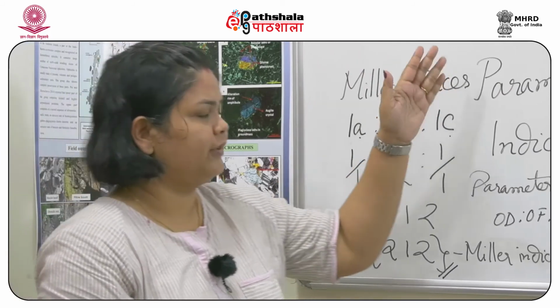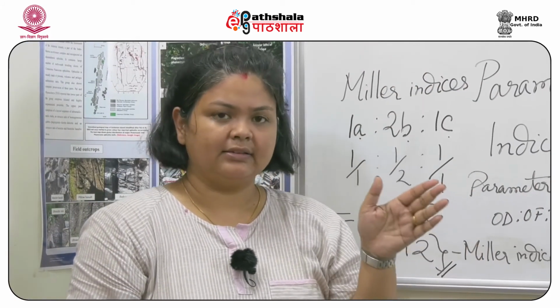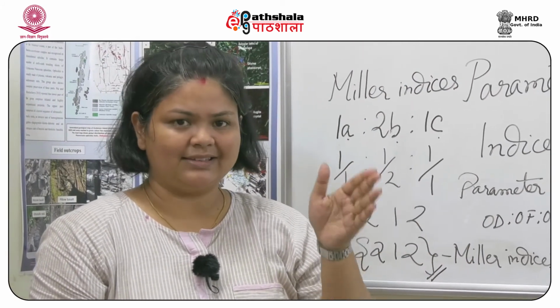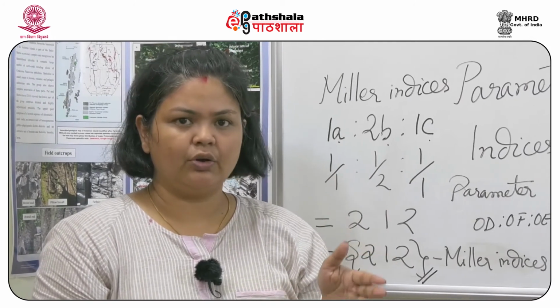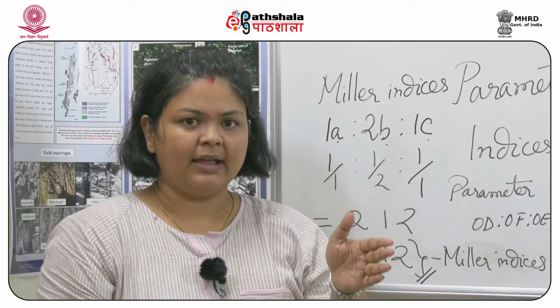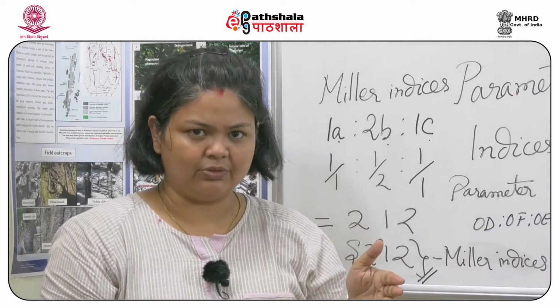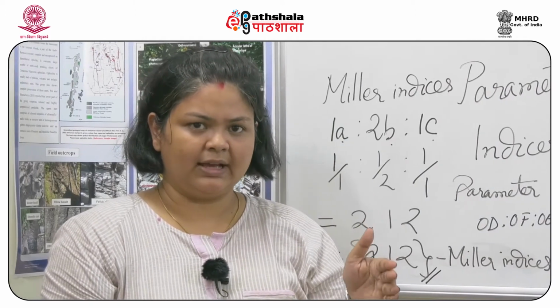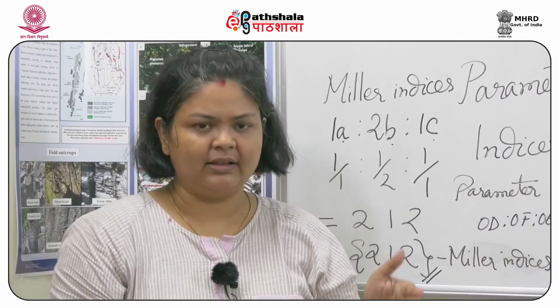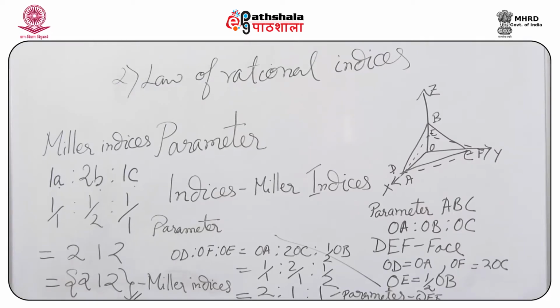The law of rational indices states that the ratio of the intercepts and its inverted values are what we have as the Miller indices, and this is the law of rational indices. Apart from these two laws, we have three more laws of crystallography.